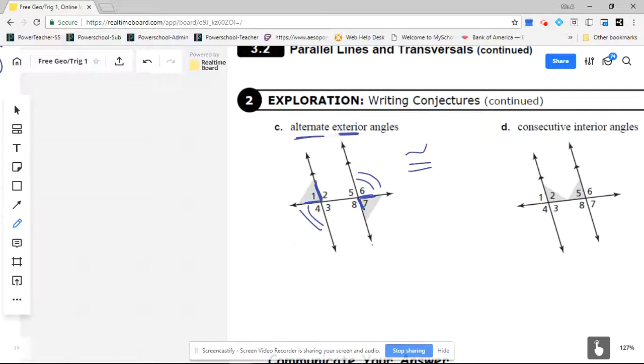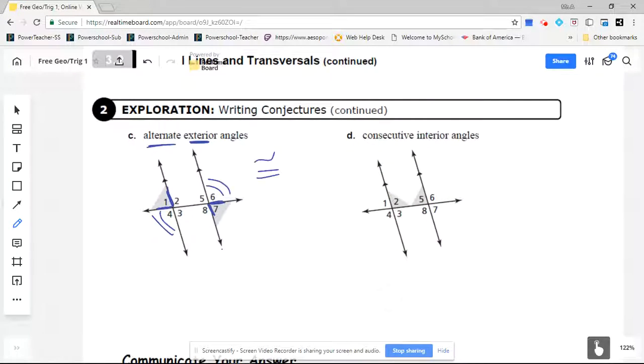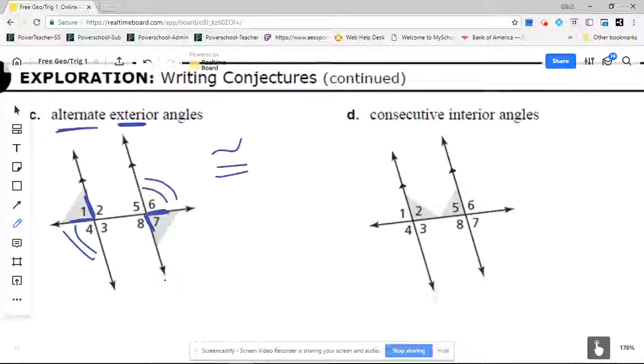But when you get to consecutive interior, that's your one pair that you're going to get an obtuse angle and an acute angle. Unless, of course, they're both 90s, but in this case, they're not. As long as your lines are parallel, when you get consecutive interior, they're going to add up to 180.